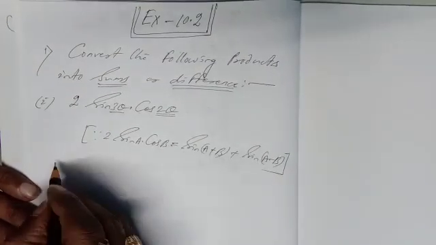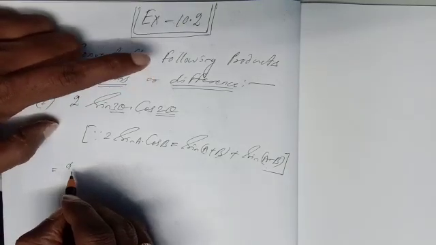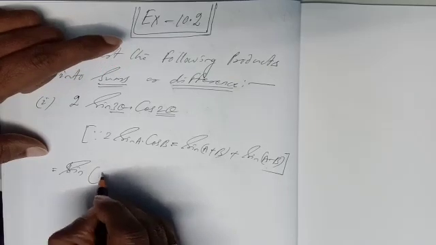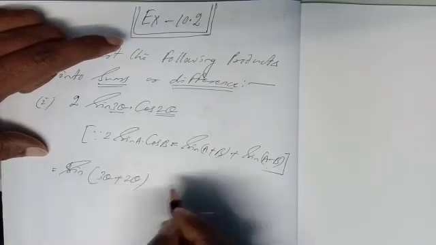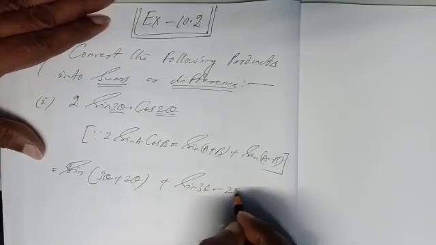By using this formula, 2 sin 3 theta cos 2 theta will be sin A, here 3 theta, plus B, 2 theta, plus sin 3 theta minus 2 theta.